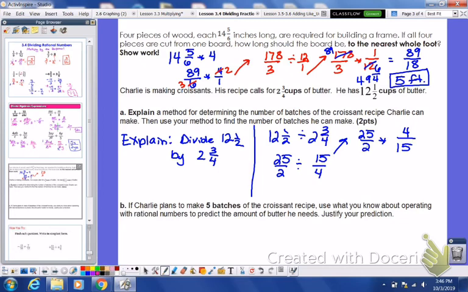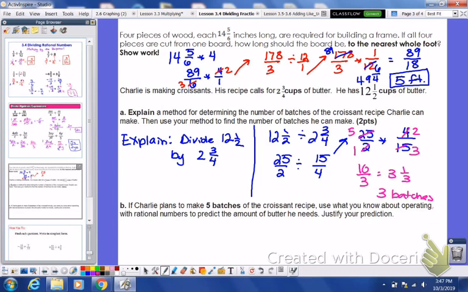So 2 and 4 both divisible by 2. 25 and 15 both divisible by 5. 5 and 3. Then multiplying straight across. 5 and 2 gives us 10 over 3, which would be 3 1/3. I can't make a third of a batch, so 3 batches.